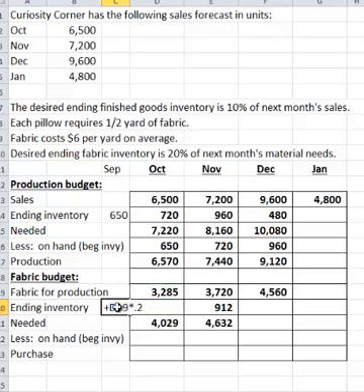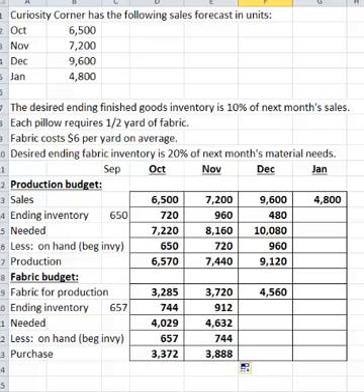Should be 20% of October. So we can then do the math, the 4029 minus the 657, and then we can copy that over and get the purchases for the 2 months, October and November.